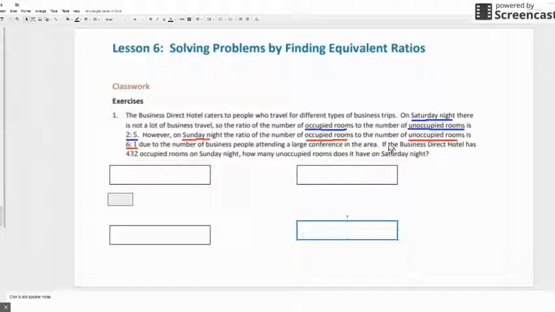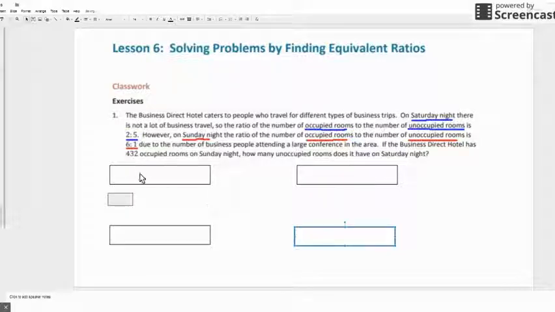First of all, before we start talking about that information, let's take the information that we have underlined and put it into some tape diagrams so we can work with it. So right here we have Saturday night, and I'm just going to abbreviate Saturday. The first thing we have is Saturday night occupied rooms, so let's put Saturday night occupied.